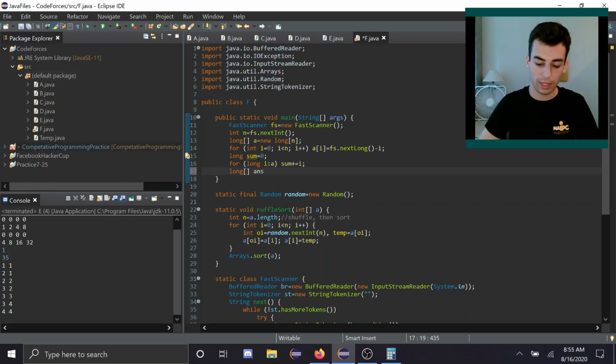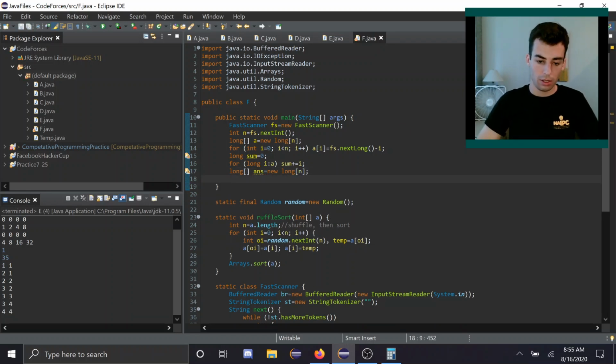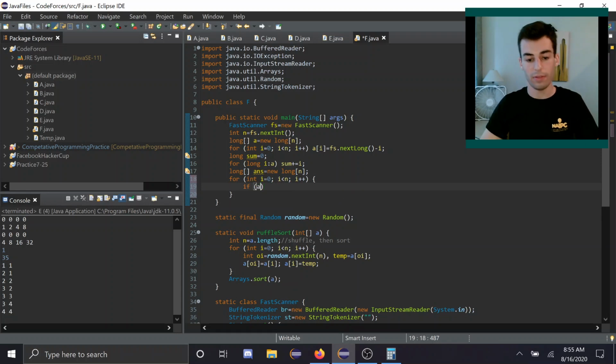Long array ants equals new long array n. For I in 0, as less than n, plus plus. If I is less than sum mod n, ants at I equals 1 plus sum over n.